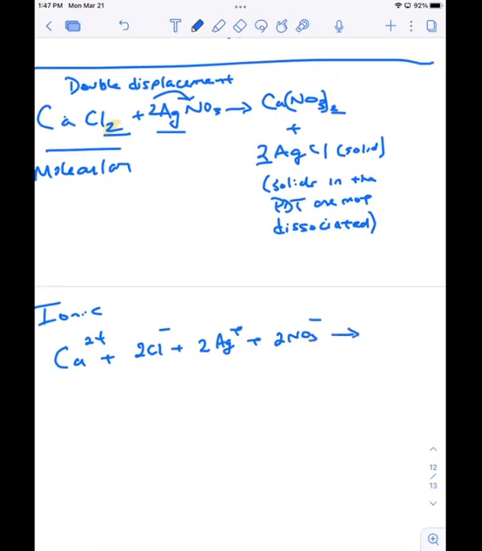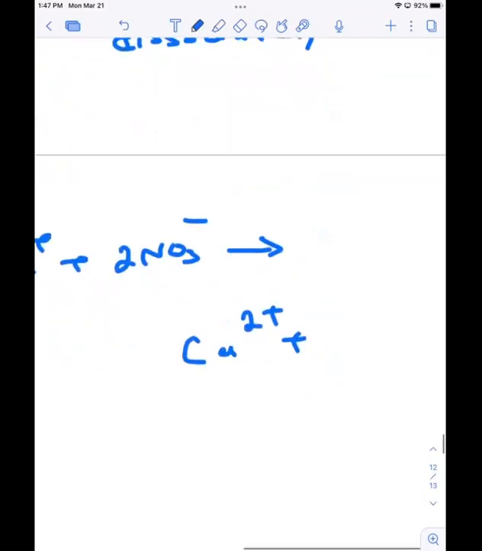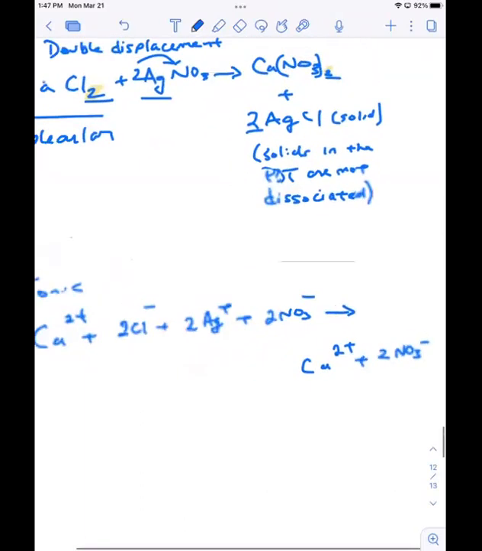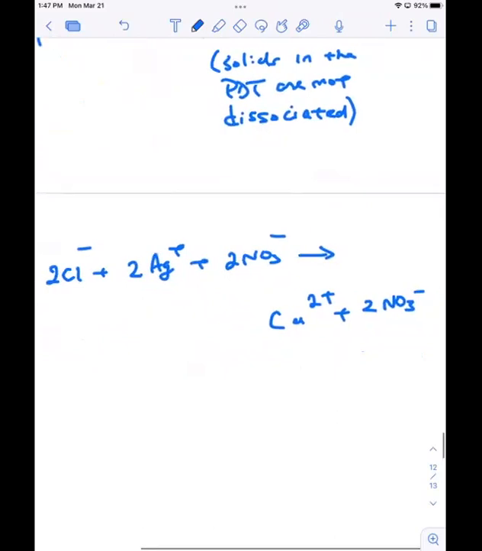On the product side, we're going to have Ca 2 plus, and then I'm going to keep this subscript and turn it into a coefficient. So now it's going to be 2NO3 minus. All right, and then since the silver chloride doesn't dissociate because it's a solid, I'm going to leave it.